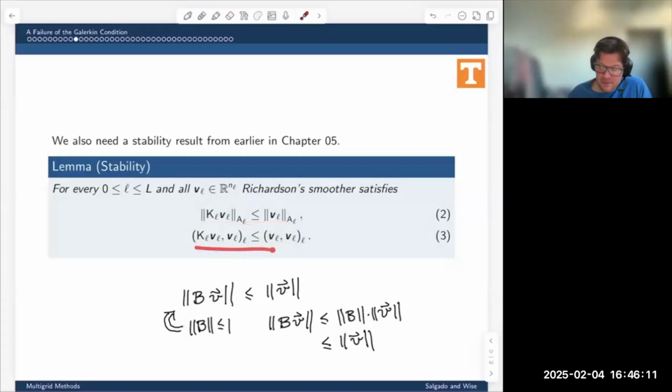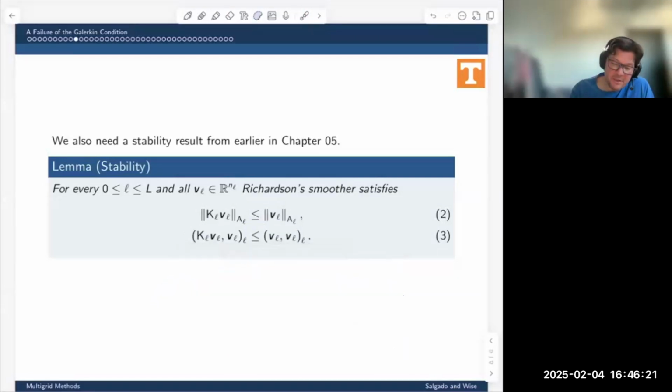Now, the second stability statement is a little bit more complicated, so we won't go into that one. We're just going to observe that it's true and use those properties. The second stability is framed as follows. KLVL against VL in the canonical inner product on level L, so this is the Euclidean inner product, is less than the inner product of VL against itself in that same inner product.